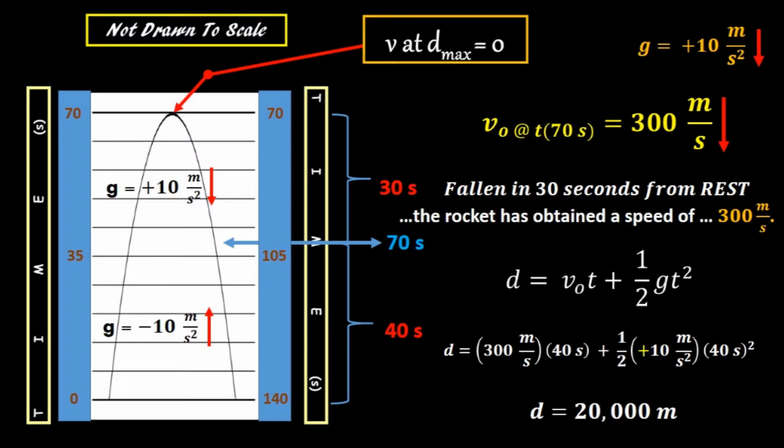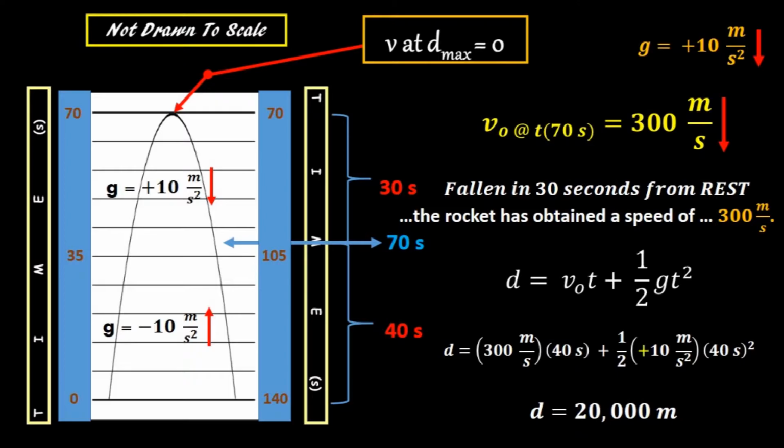So 300 meters per second, that's what it will be going at that time because it fell for 30 seconds. And you plug into the equation, you can obviously see that it's going to fall for 20,000 additional meters from the 100th second to when it hits the ground.